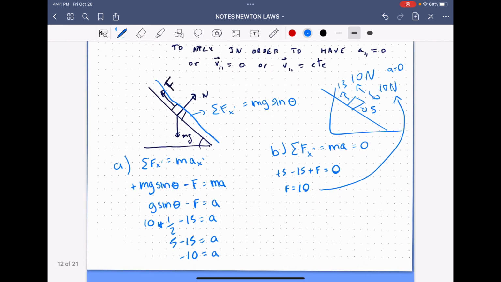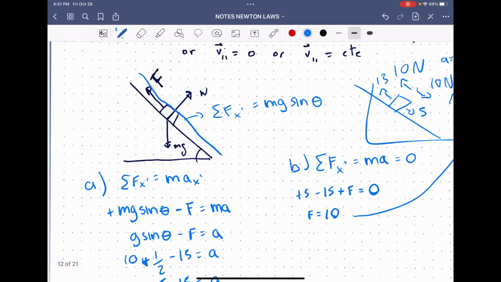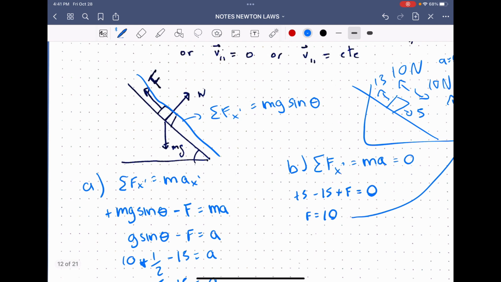In order to solve this, we have to basically draw first and analyze. We determine that the sum of all the forces is mg times sine of theta, because it's an angle in this direction.